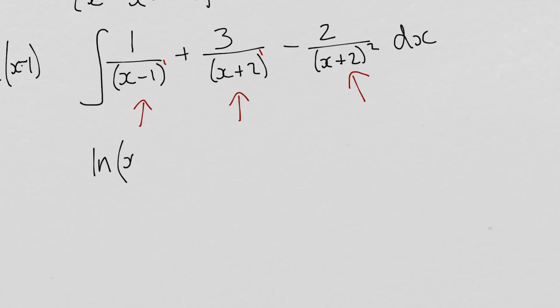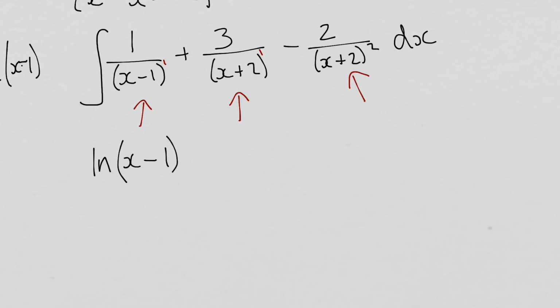So that first function there is ln of x minus 1. There were no coefficients with the x, and so we don't need to worry about having any compensation at the start of our function, because we didn't really need to apply the chain rule in this case.